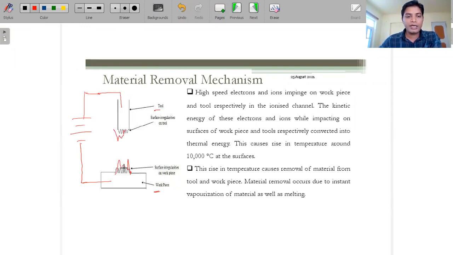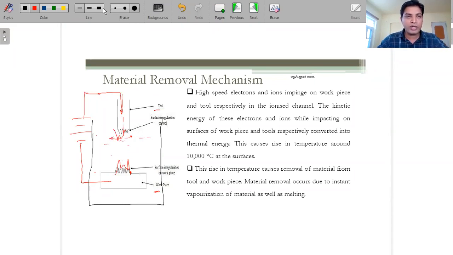The complete process is done in a container filled with dielectric fluid. As we already mentioned, we use a hollow tube section inside the tool, through which the dielectric fluid comes in between the workpiece and the tool surface, flowing in this direction. I am not discussing that part now.